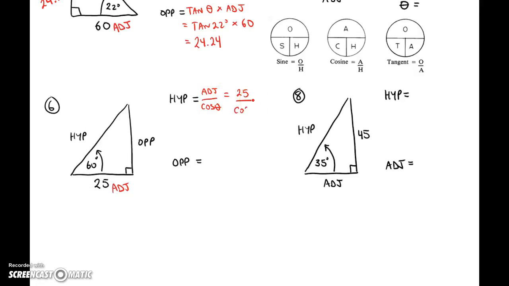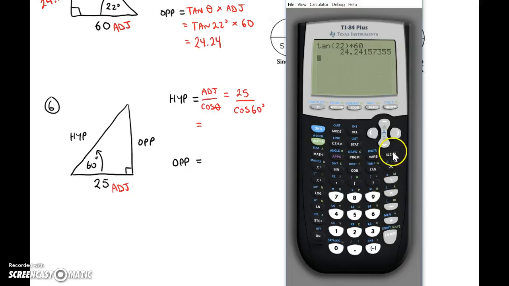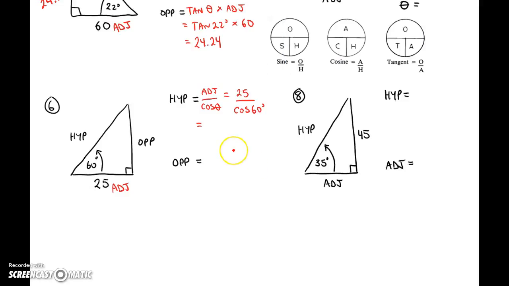The angle is 60 degrees. So 25 divided by the cos of 60, close brackets, gives us 50. So the hypotenuse is 50.